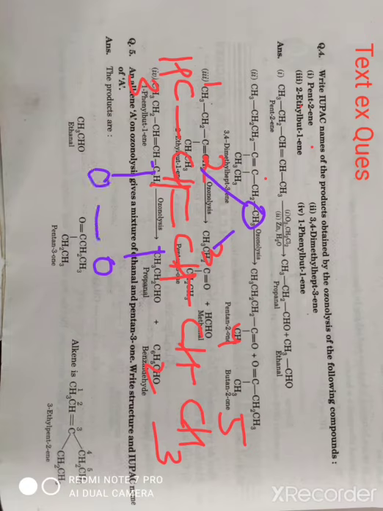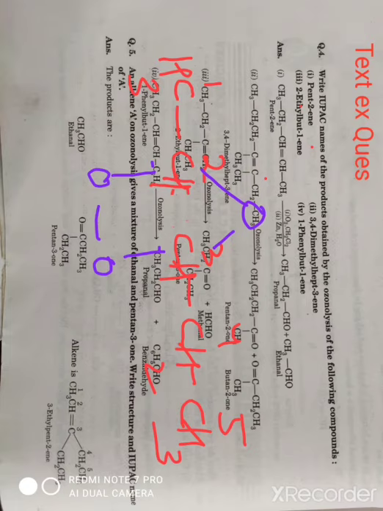The double bond between the two carbons you have to rub out. This is what is called ozonide, a cyclic compound, formed when the alkene combines with ozone.